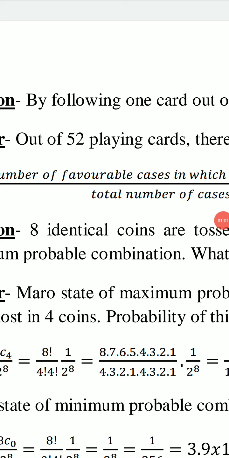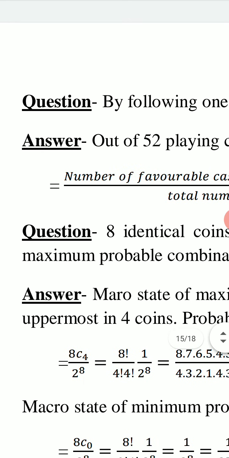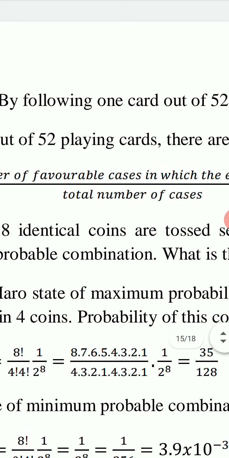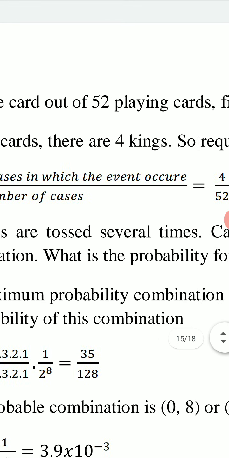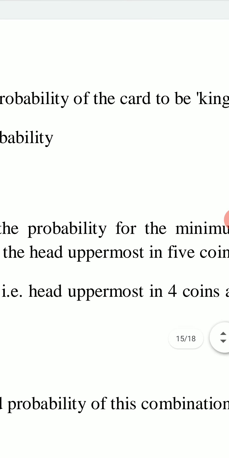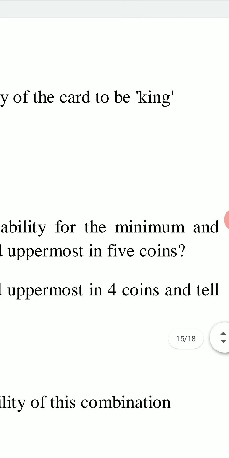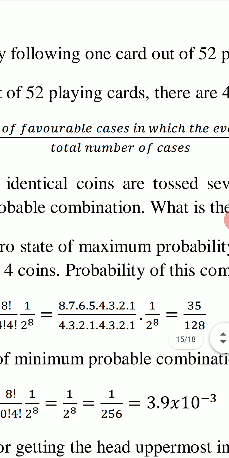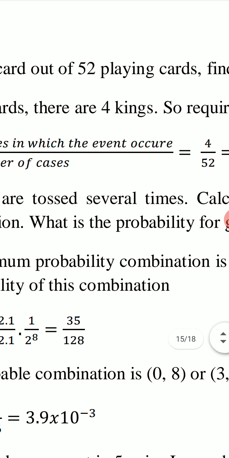For example, if we want to find the probability, this is the example. One card is drawn out of 52 playing cards, find the probability of the card to be king. Out of 52 playing cards, there are 4 kings.